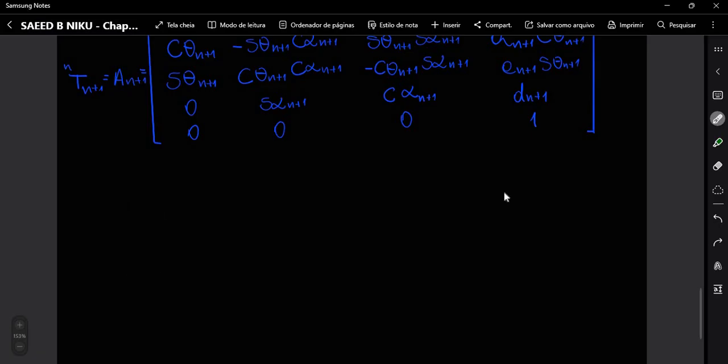transformations. So this is not for links or joints, this is for the number of transformations. And we got another notation, which is A, which also means a transformation.